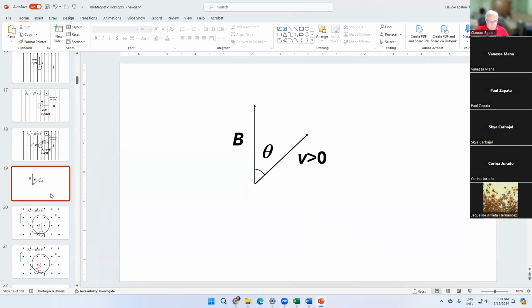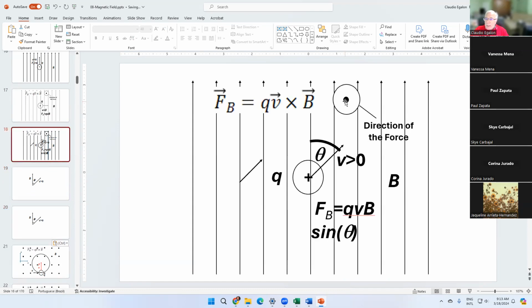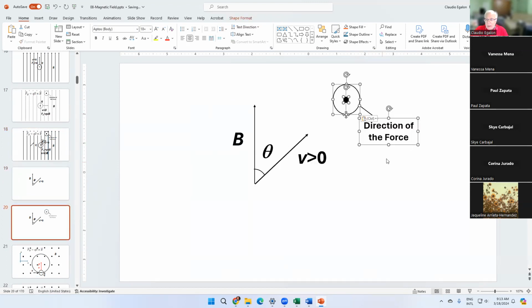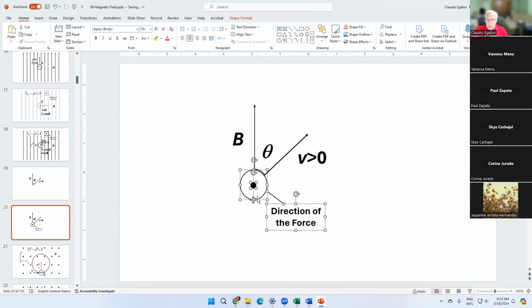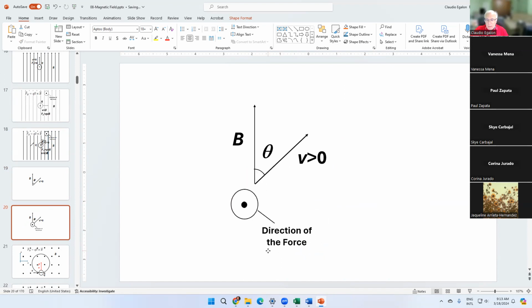The resulting force is going to be illustrated as a vector like that. The direction of the force, let's put it this way. The dot here means that the force is coming out of the board.